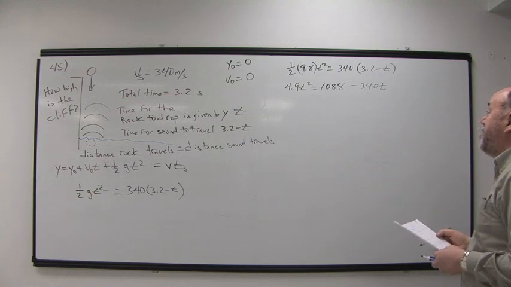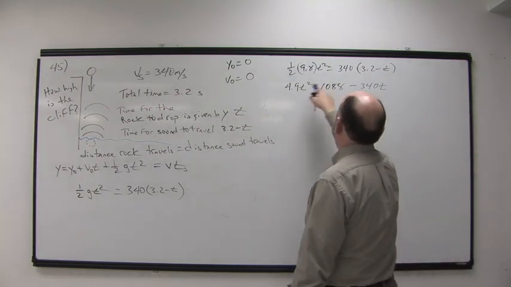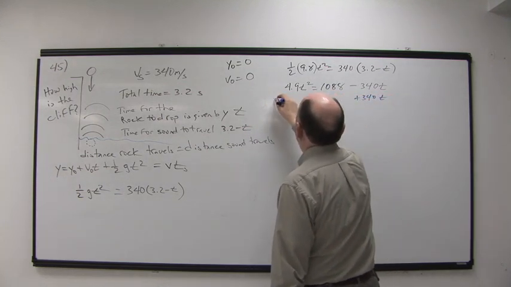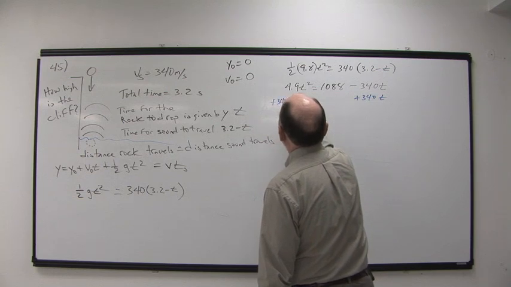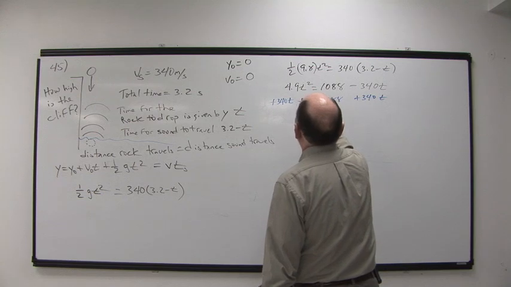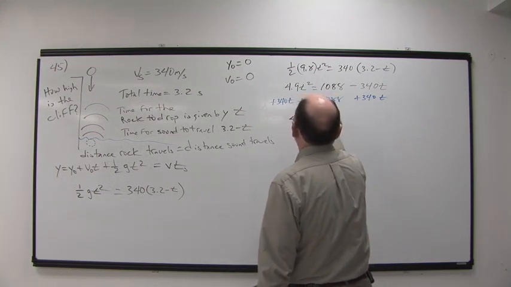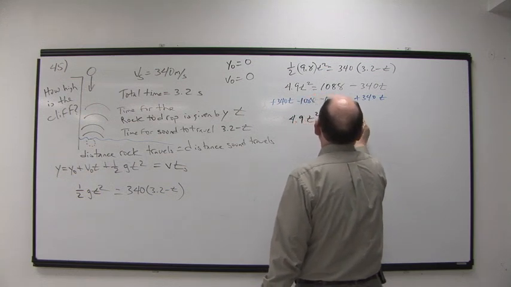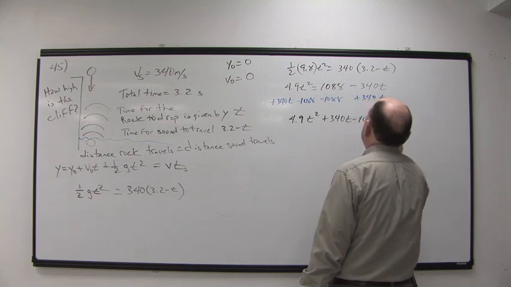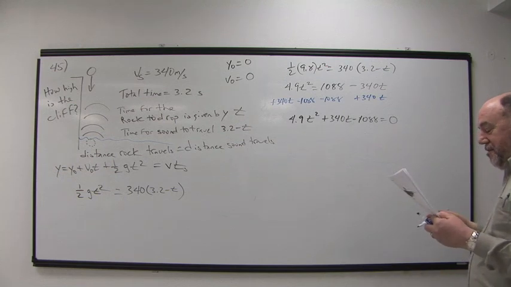And in order to solve a quadratic, we want to first set it equal to 0. So I need to take these two to the other side. We add 340t, subtract 1088, and so we get 4.9 t squared plus 340t minus 1088 equals 0.